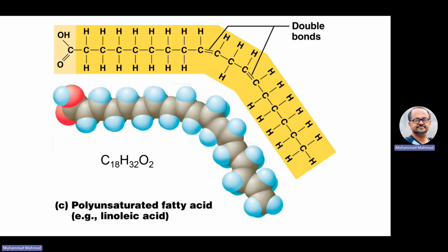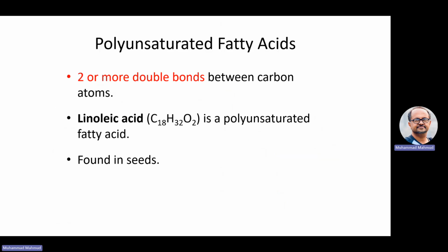Now compare that one with this picture. This is linoleic acid, and right now you see not only one, there are two double bonds, more than one. So when we have two or more double bonds between carbon atoms, that will be polyunsaturated fatty acids, found in seeds.